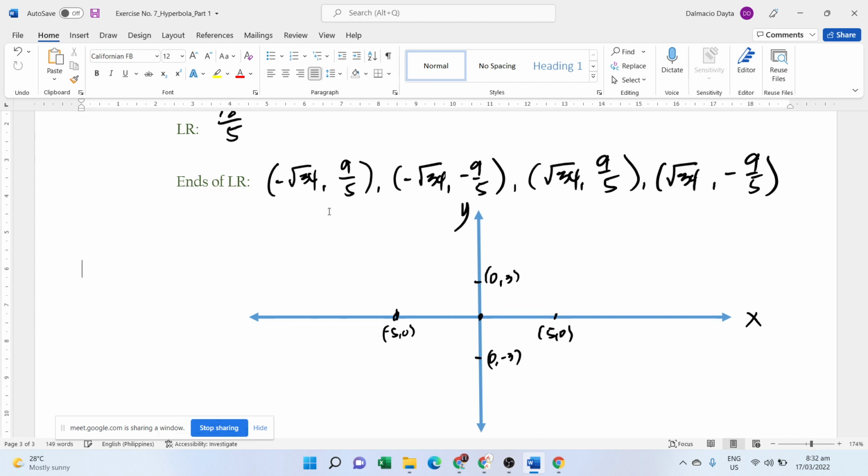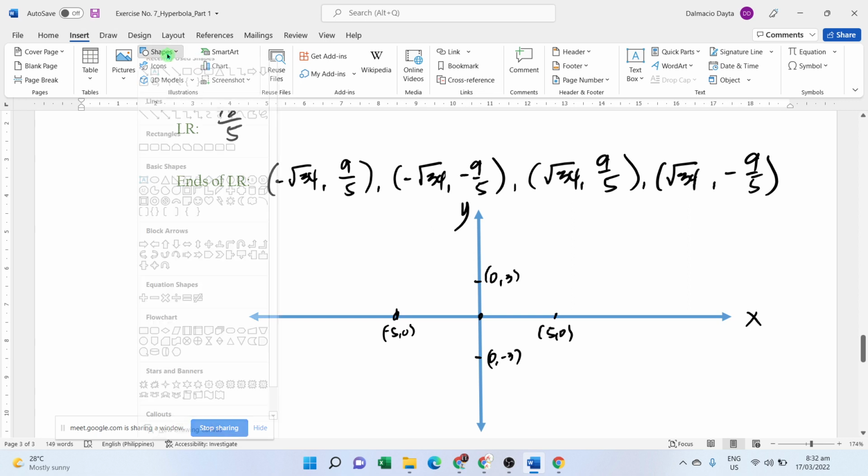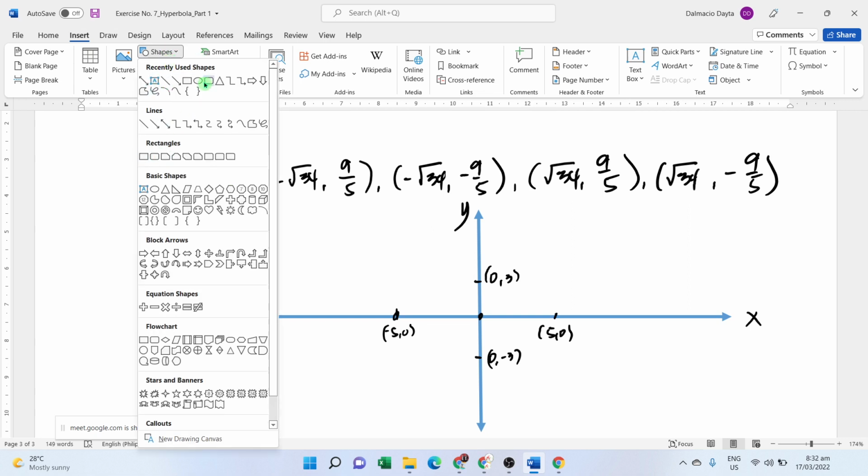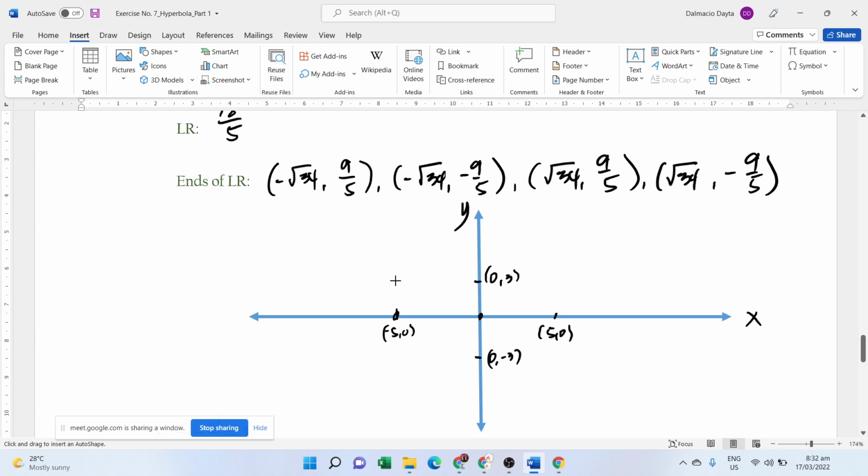Now, how do we graph the hyperbola? To easily graph, draw an imaginary rectangle. When you do this, pwede namang manually.